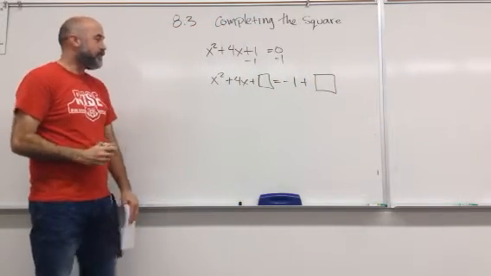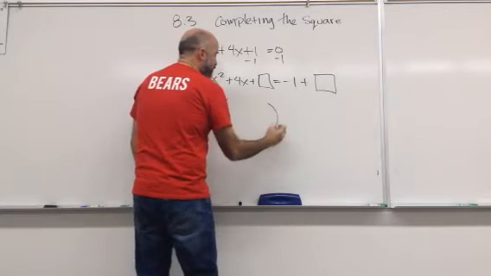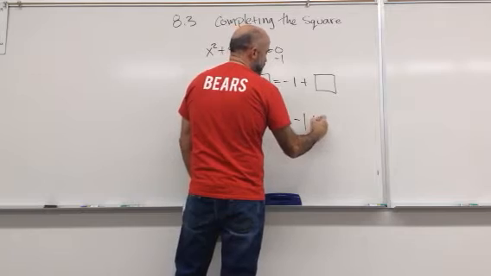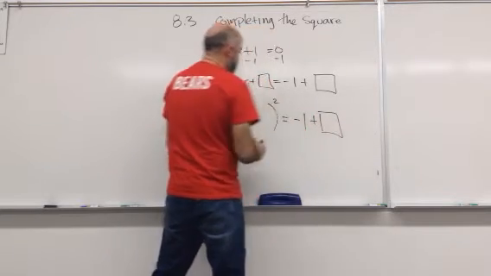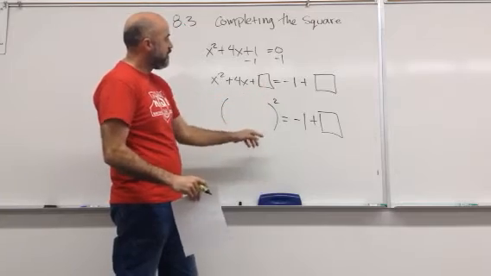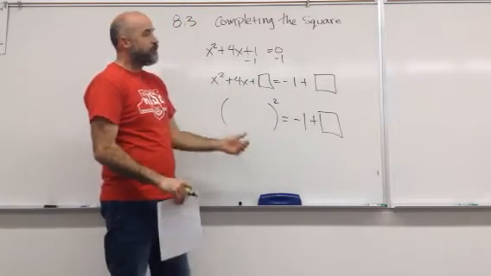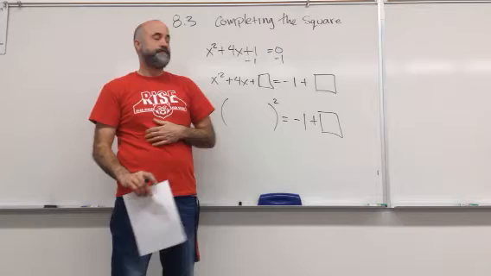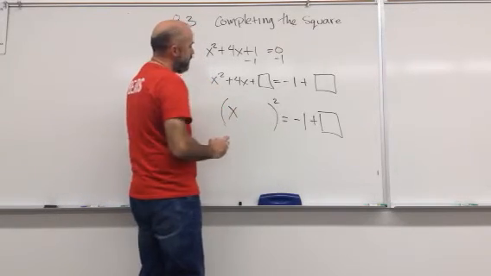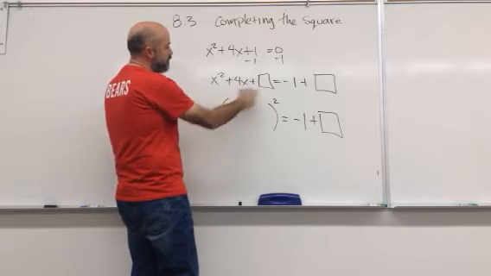Okay, I need some number that when I do this, what's here needs to be the same as what we did when we did the binomial. Okay, this is going to be x, and we need some number that's going to make this a perfect square.